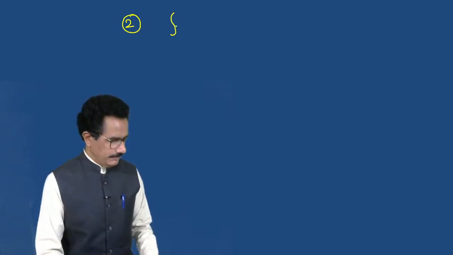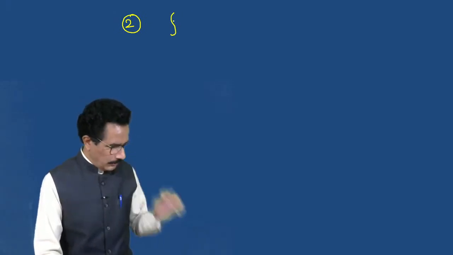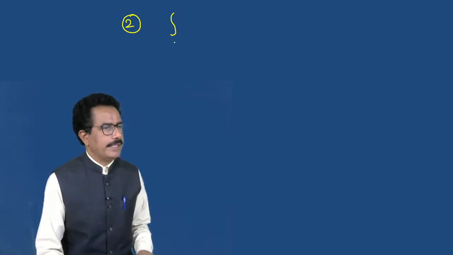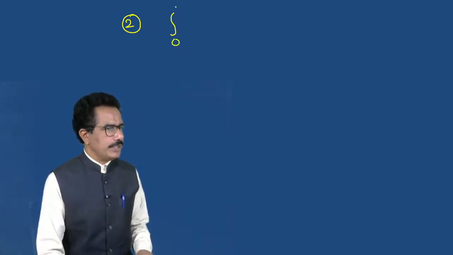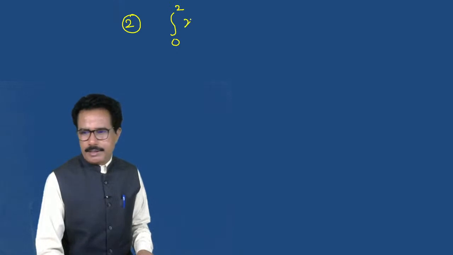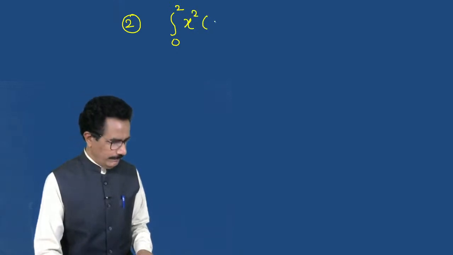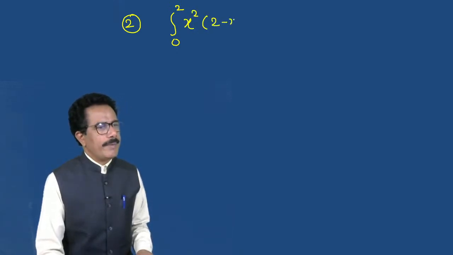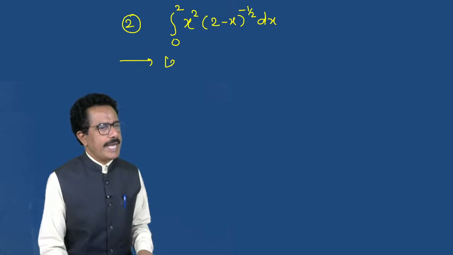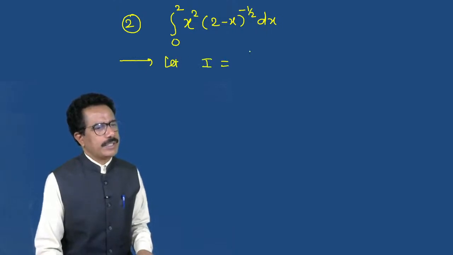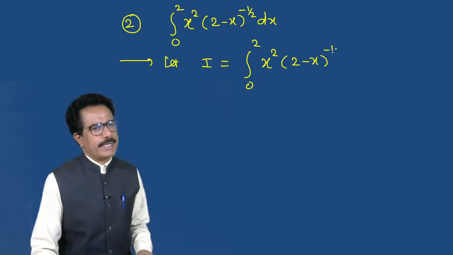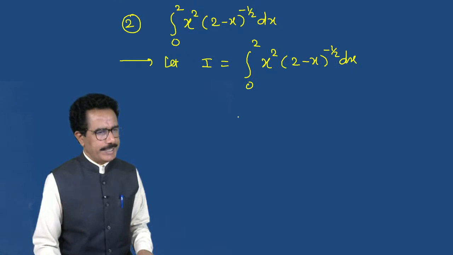Evaluate integral from 0 to 2 x square into 2 minus x bracket raised to minus 1 by 2 dx. So let I is equals to integral from 0 to 2 x square into 2 minus x bracket raised to minus 1 by 2 dx.